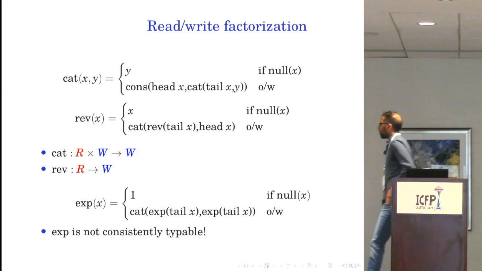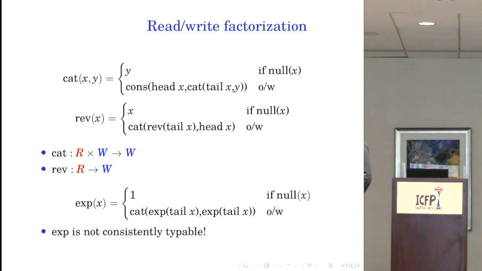Now, here's an example of a program which is not consistently typable. Here 1 is just a character, a numeral, not the number 1. It takes in a string, and the output is a string of 2 to the length of the input ones.